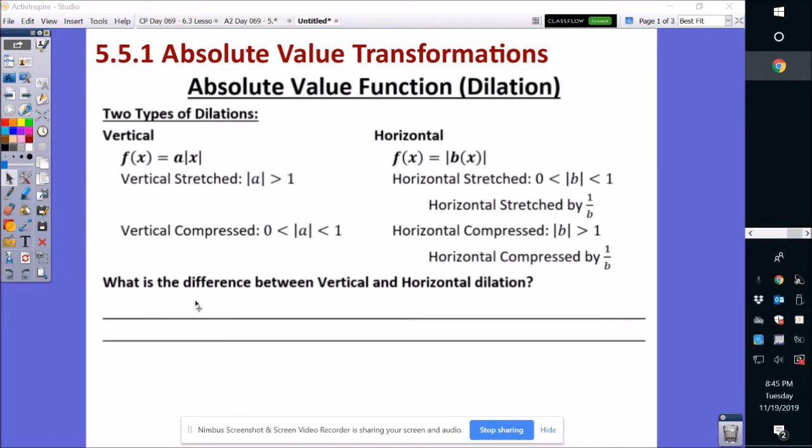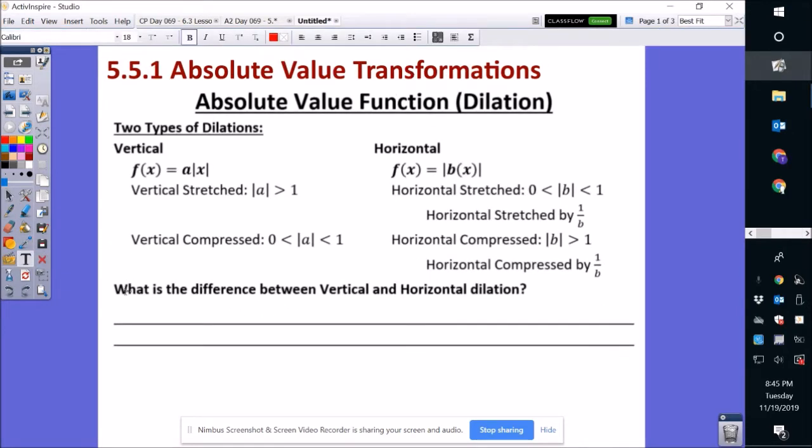So the question is, what is the difference between vertical and horizontal dilation? Let me go over vertical first.